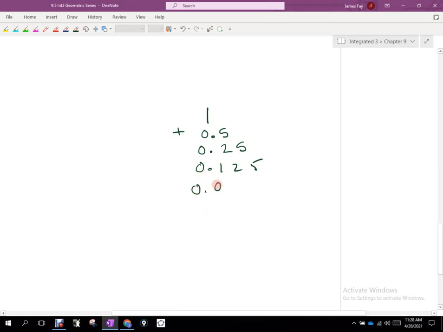is 0.0625, and then 1/32 is 0.03125. Try to get these lined up.